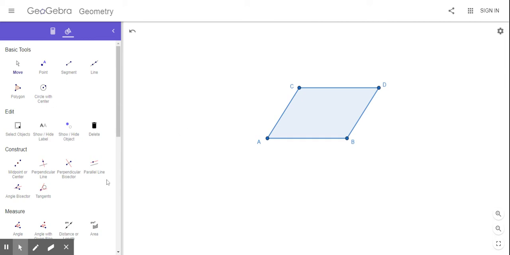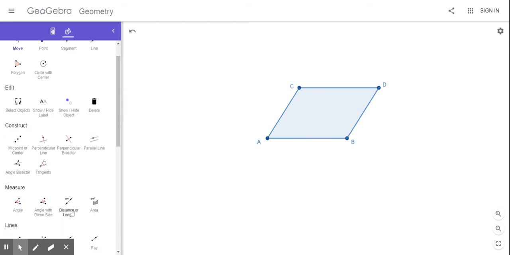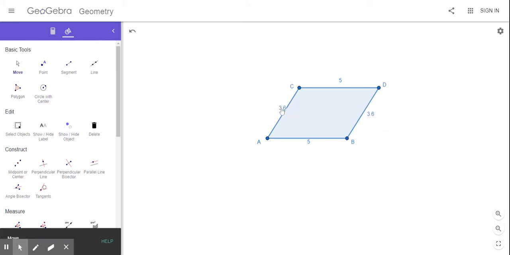So what I'm going to do is actually measure the opposite sides. So I'm going to select this distance tool. Oops, there we go. And I'll click that one and that one. So I'm going to scoot these over a little bit. So now look at those lengths.